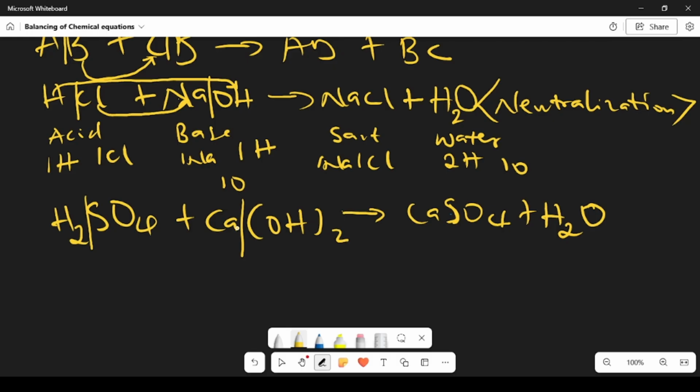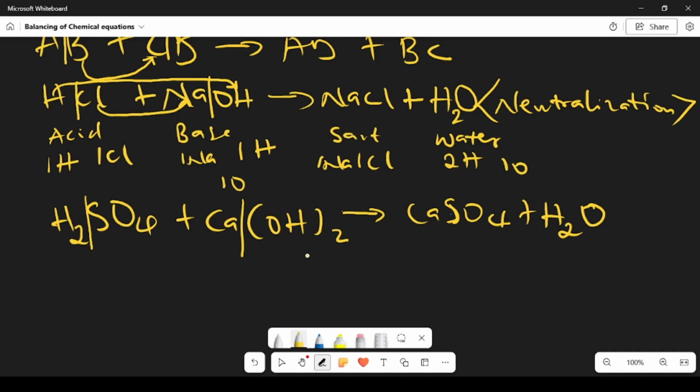In these whole formulas, the principal elements that make up these compounds are hydrogen, sulfur, oxygen, and calcium. And at different levels, some have subscripts and some don't. So we have to balance it very well. And this is where it gets more interesting, because balancing is as easy as ABC.